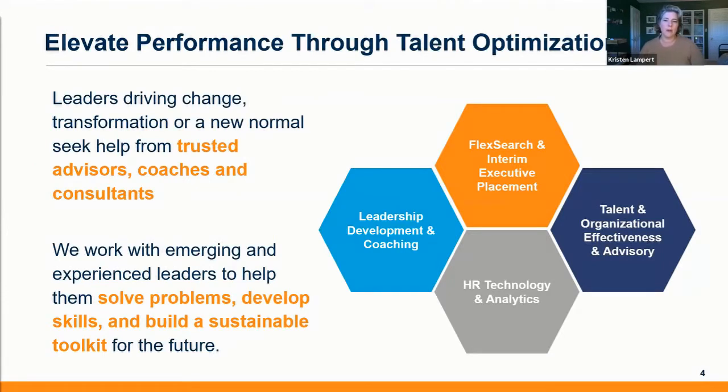And the way we think about that really is through the context of executive search and integrating some talent optimized tools and resources into how we search for great talent. But then we also have a really robust talent and organizational effectiveness practice. So this is a little bit about us, but that's not why we're here today. We're here really to learn and understand a little bit more around talent optimization.